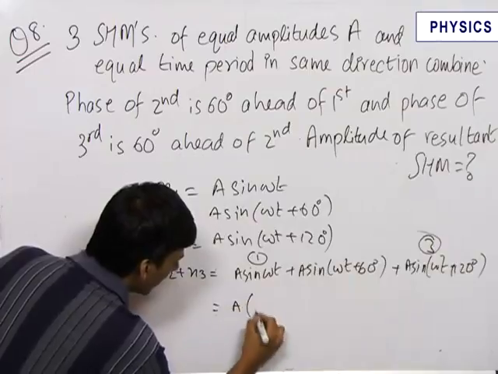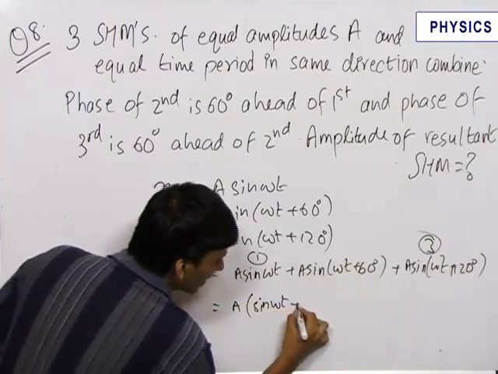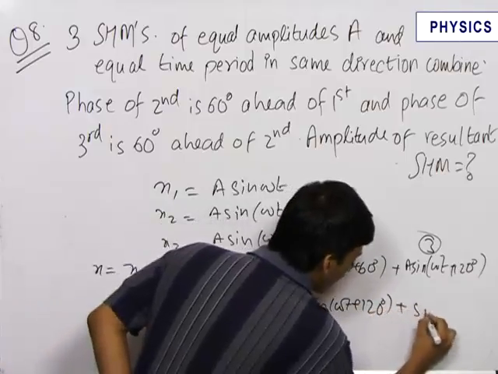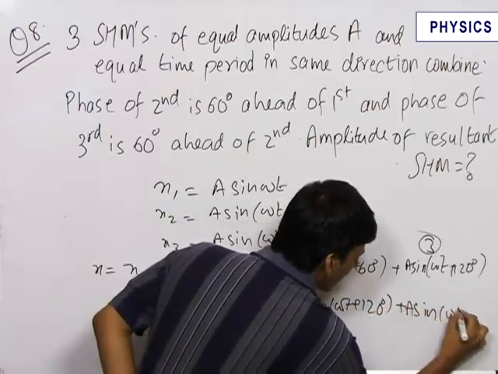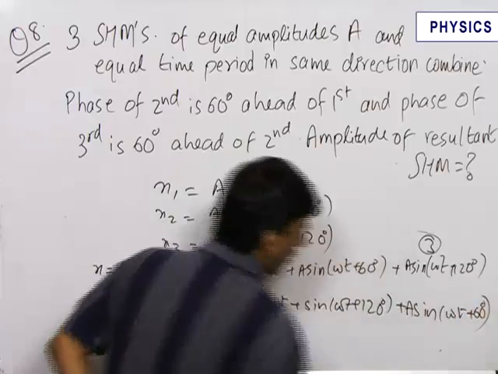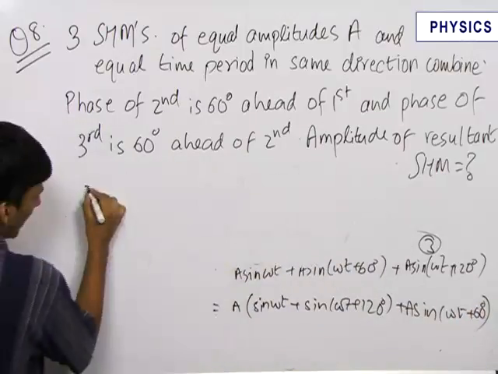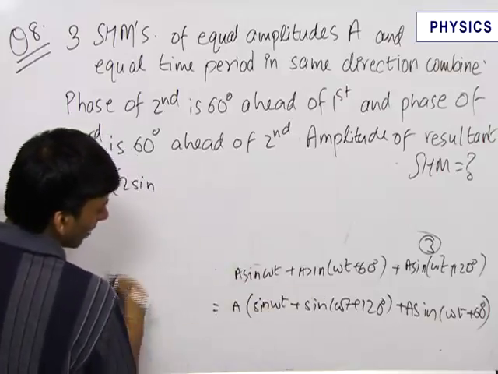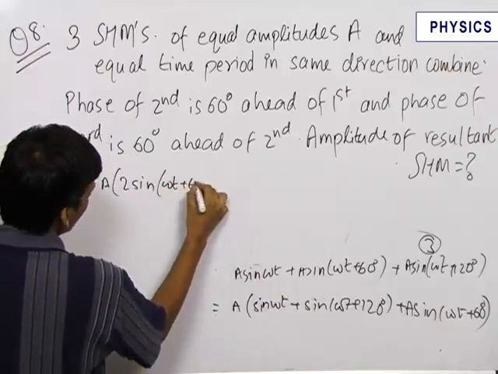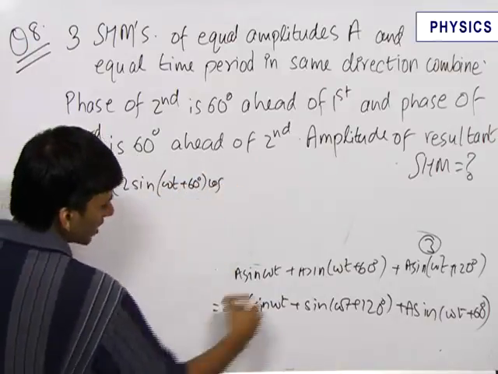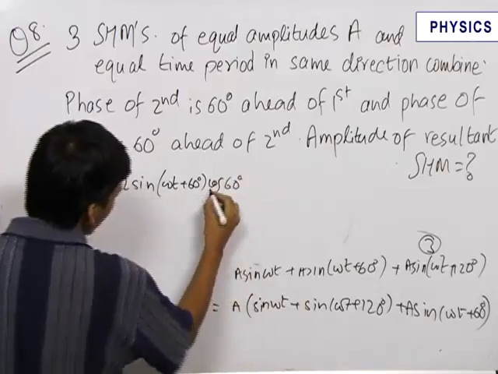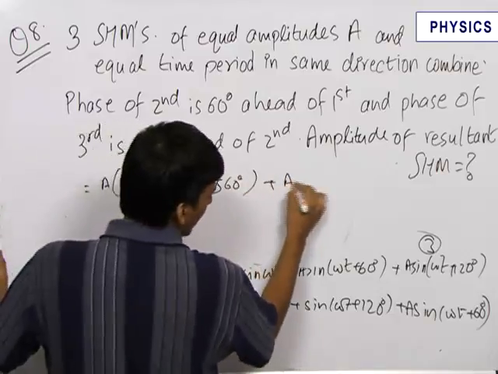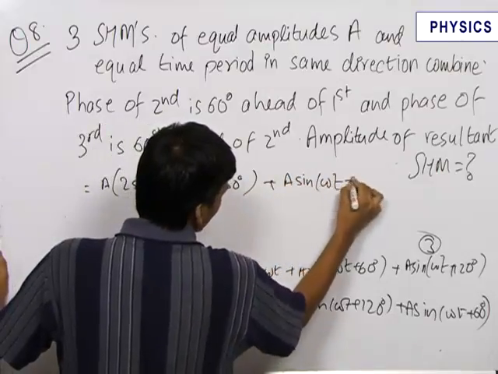So now let us club the first and the third term. So it becomes a[sin omega t plus sin(omega t plus 120 degrees)], and we have a term of a sin(omega t plus 60 degrees) left here. Now solving this, we get 2a sin((c plus d)/2) which is omega t plus 60 degrees, times cos((c minus d)/2), that is equal to cos 60 degrees, plus a sin(omega t plus 60 degrees).